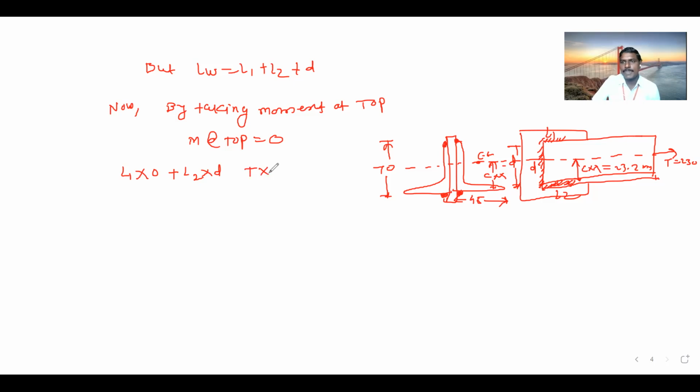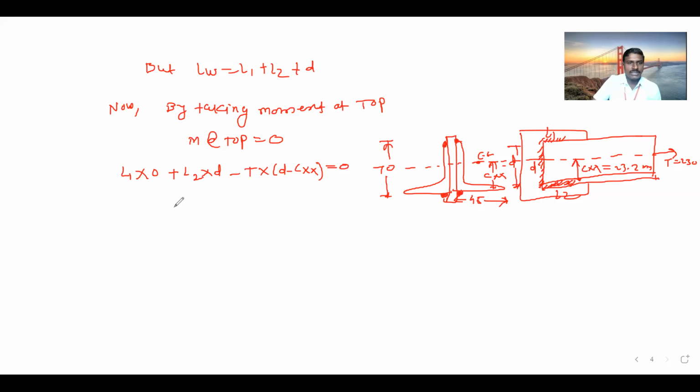Then T into D, minus 70 minus CXX. It means D minus CXX is equal to 0. Is this clockwise or anti-clockwise? Anti-clockwise, negative. Okay, so this is the equation we got.